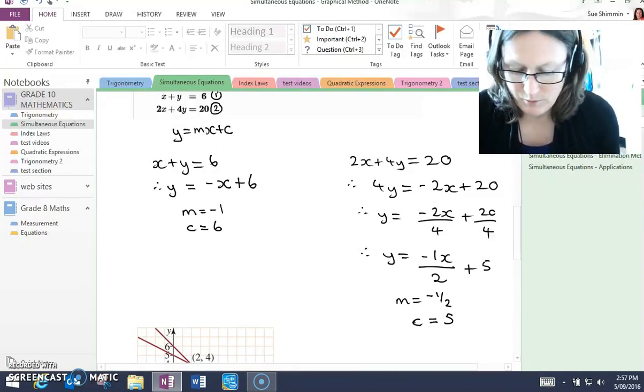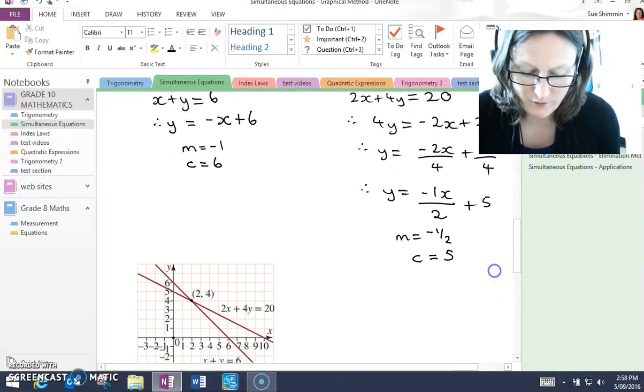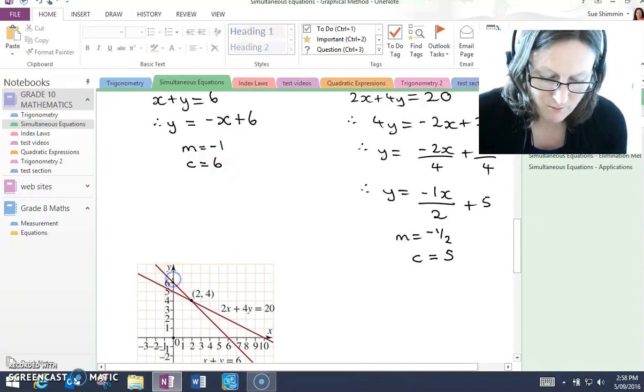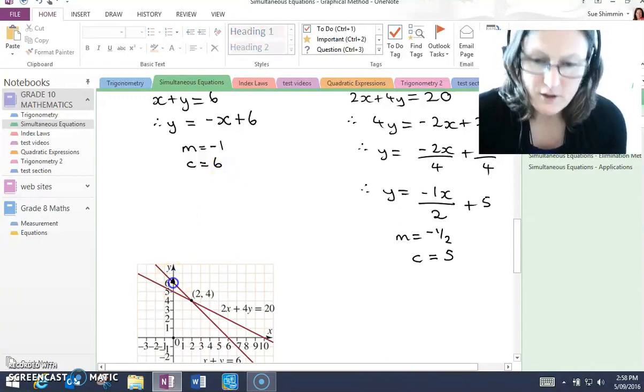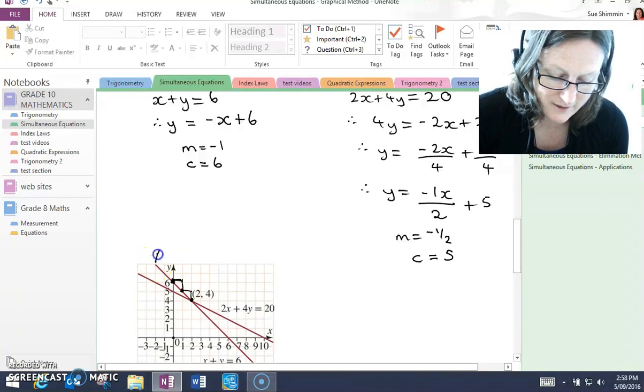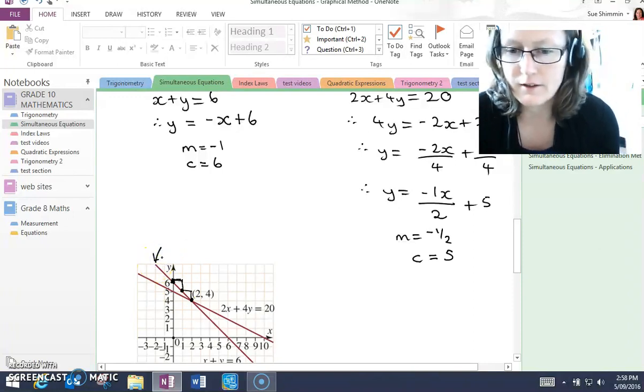I've already done it below, but I'll explain how I got it. So for this one here, the gradient's -1, the y-intercept is 6. So I mark in 6. The gradient is -1, so remember I go across 1 and down 1, put another point. Across 1 and down, because it's a negative gradient, put in another point. Hence, that's how they drew that line.